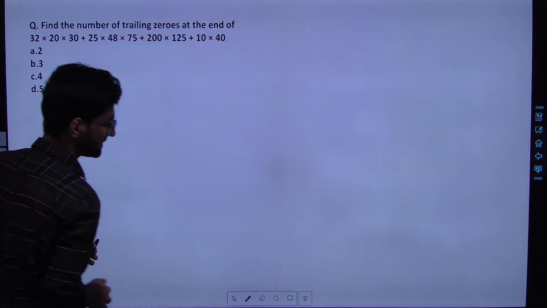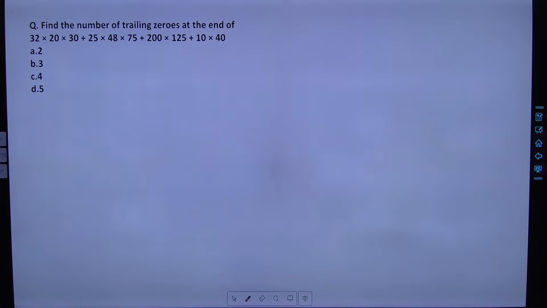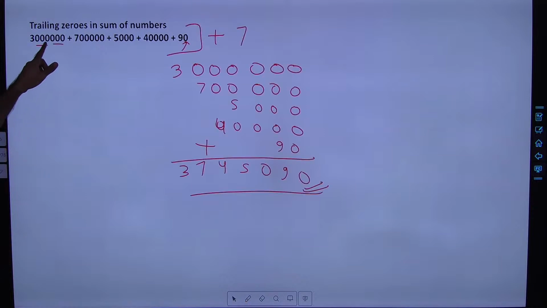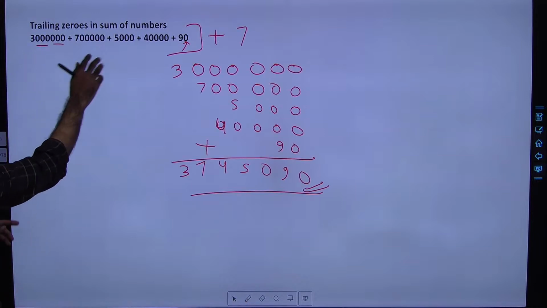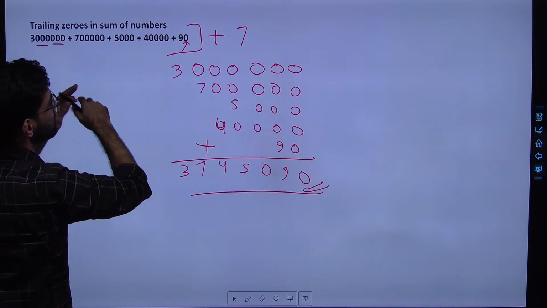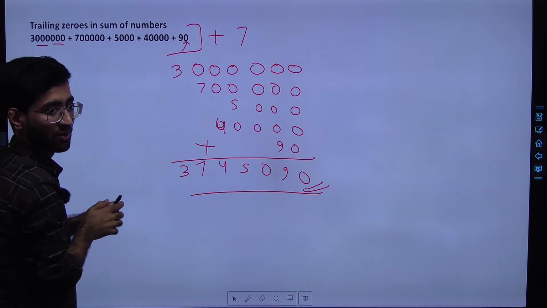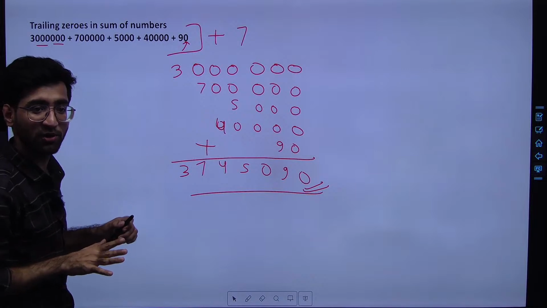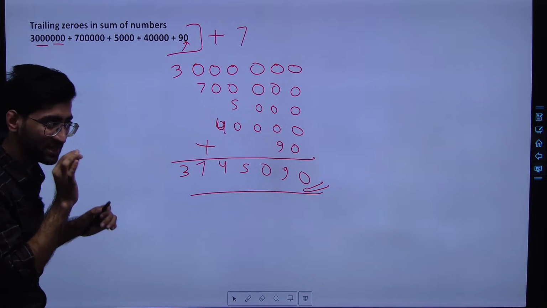Now try to answer this question, or if anyone likes to share the approach, how will we approach this kind of question? Now try to recall this thing. See, basically in the previous question I told you to look at the minimum number of trailing zeros. That will be your answer. Listen to this line carefully.